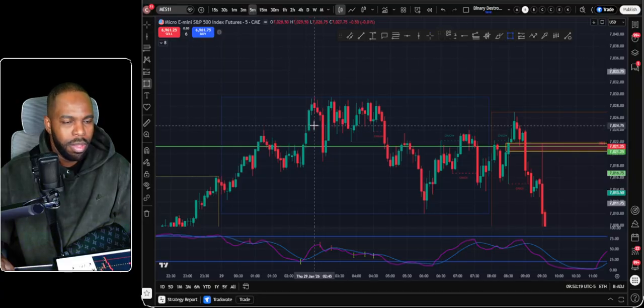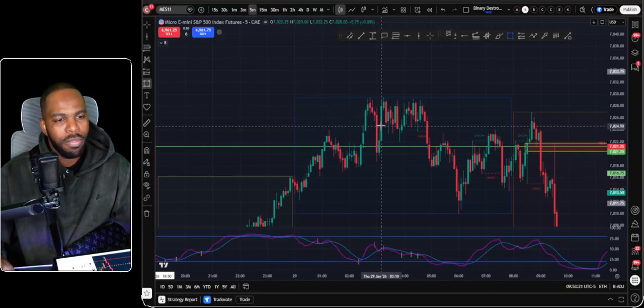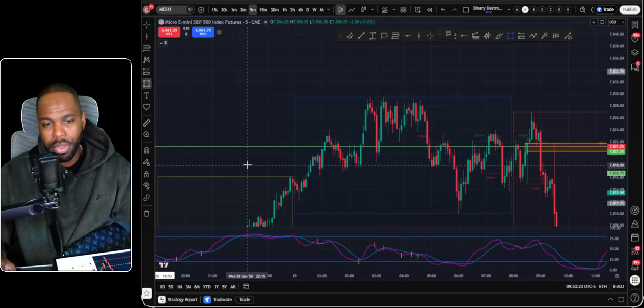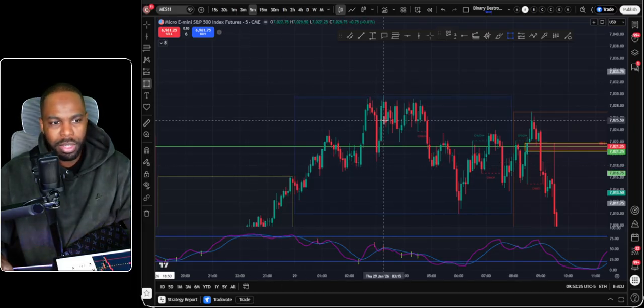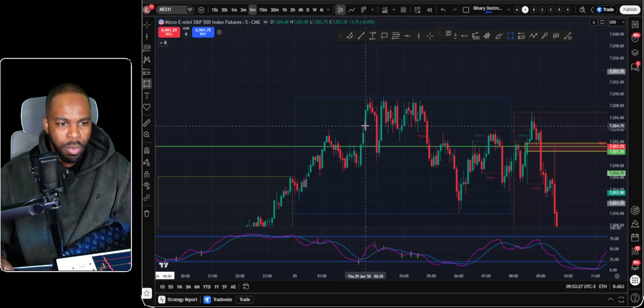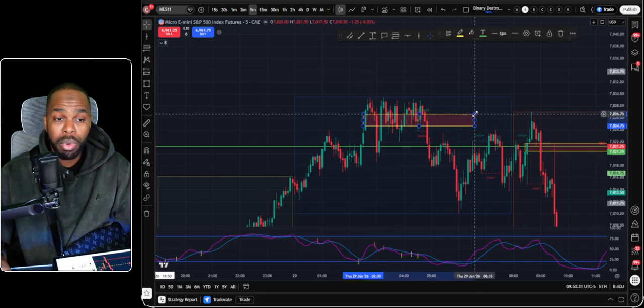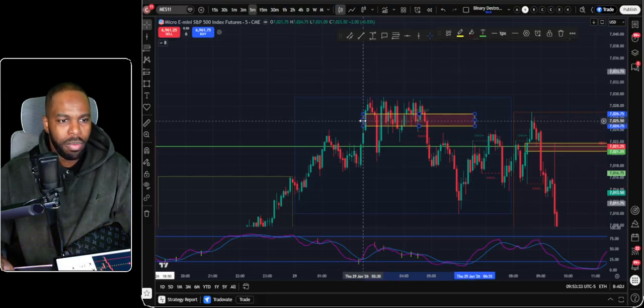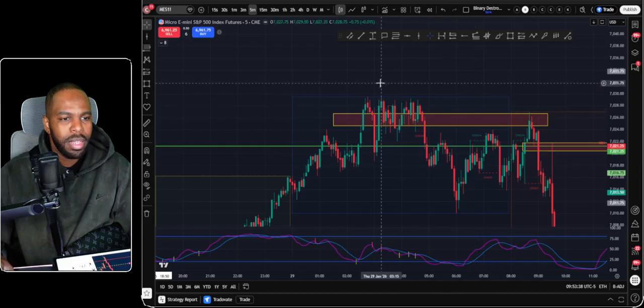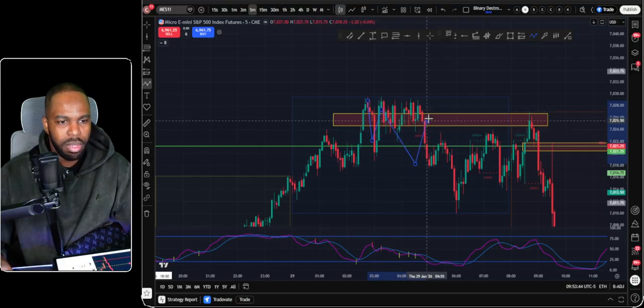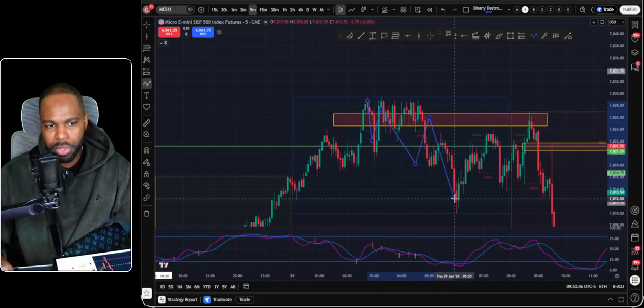Wait for London session to sweep the previous session, which is the Asian session. And then I would look for a bullish fair value gap. Once price closes below it, I like to take the trade to the downside as a reversal.